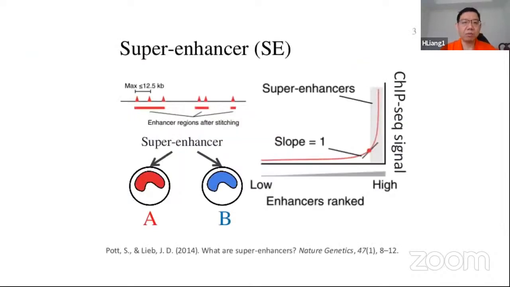So basically, a super enhancer region is where you have a certain region with quite a high density of enhancer elements. If you look at this ChIP-seq signal, you see along the enhancer region, there are certain regions where you have extremely high density of ChIP-seq signal, indicating that they are very high density enhancers.